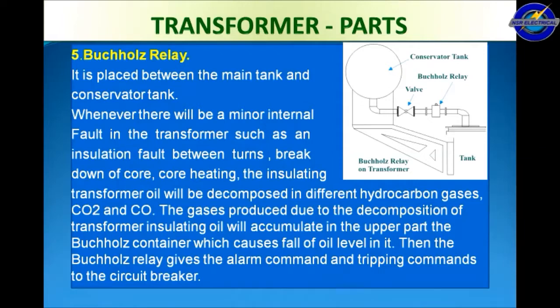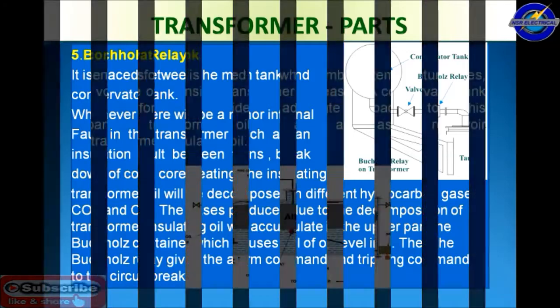Whenever there is a minor internal fault in the transformer, such as an insulation fault between turns or breakdown of core heating, the insulating transformer oil will decompose into different hydrocarbon gases, CO2 and CO. The gases produced due to the decomposition of transformer insulating oil accumulate in the upper part of the Buchholz container, which causes a fall of the oil level in it. Then the Buchholz relay gives an alarm command and tripping commands to the circuit breaker.